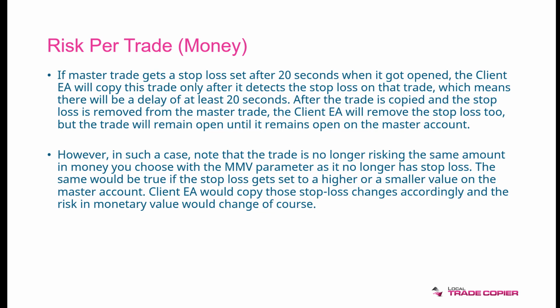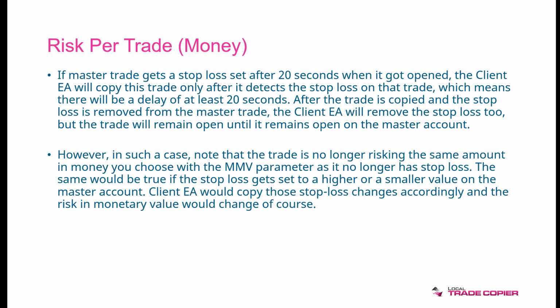And some more things for the risk per trade money management mode. If the master trade gets a stop loss set, for example, 20 seconds after it was opened, the client EA will copy this trade only after it detects the stop loss on that trade, which means there will be a delay of at least 20 seconds. After the trade is copied, if the stop loss is removed from the master trade, the client EA will remove the stop loss too, but the trade will remain open as long as it remains open on the master account.